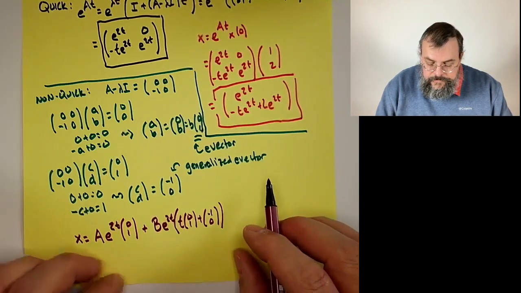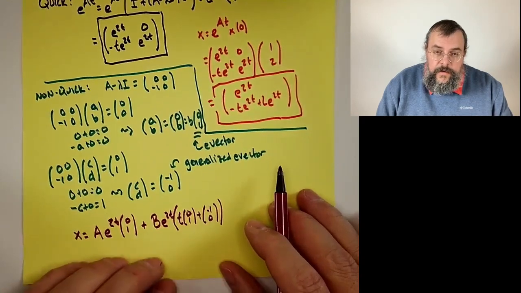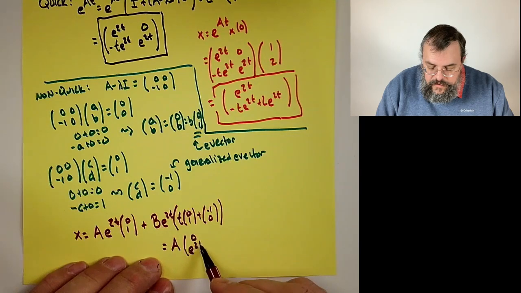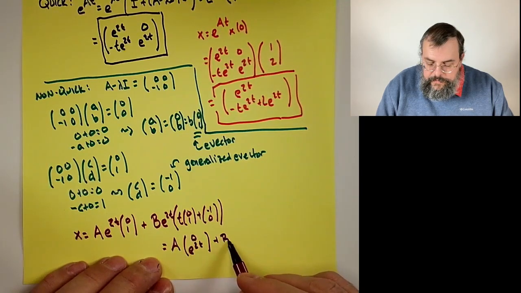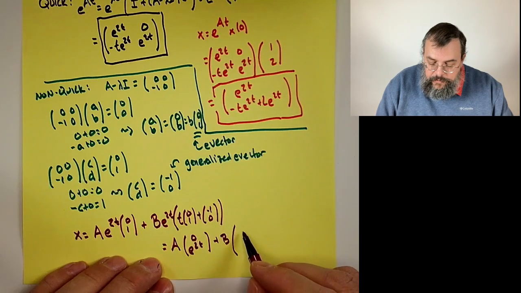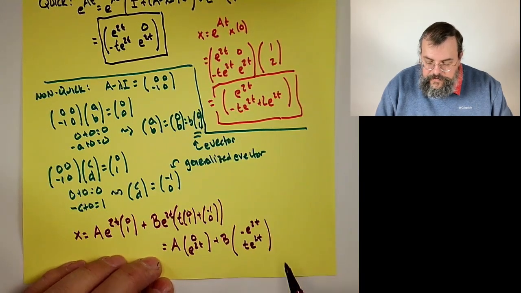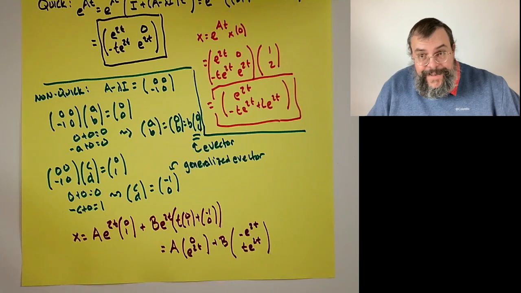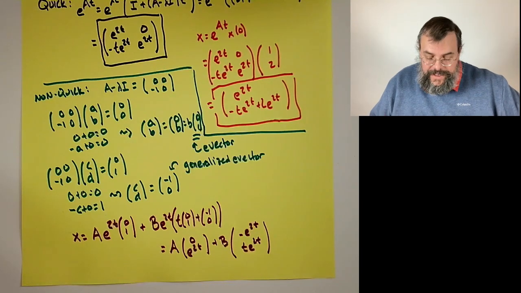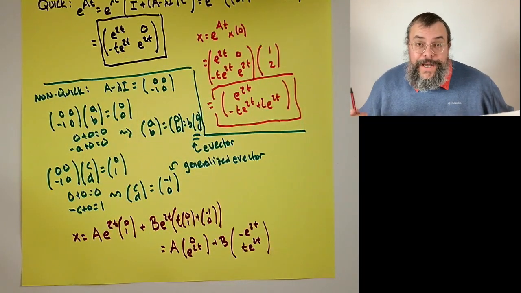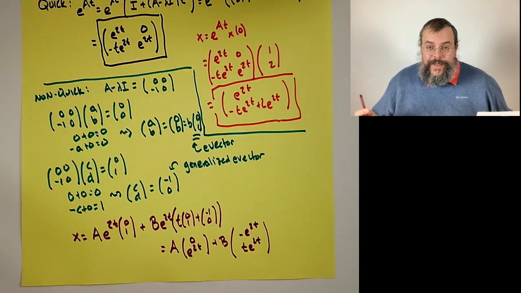Okay, well, this is really the same as a times 0 e to the 2t plus b, and then if we clean it up, we'd have minus e to the 2t and t e to the 2t. All right, so those are our two solutions. That's not e to the at, but we're getting close. Remember, once we get to this point, the rest of it's the same. So we're still in that non-quick way of finding our e to the at.